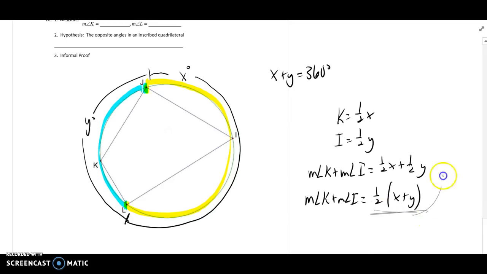From earlier, we know that X plus Y equals 360, so 1/2 of 360 is 180. In other words, angle K plus angle I are going to have to add up to 180 degrees. So the opposite angles in an inscribed quadrilateral are supplementary. We could have done the same thing for angles J and L, and they also would have been supplementary.